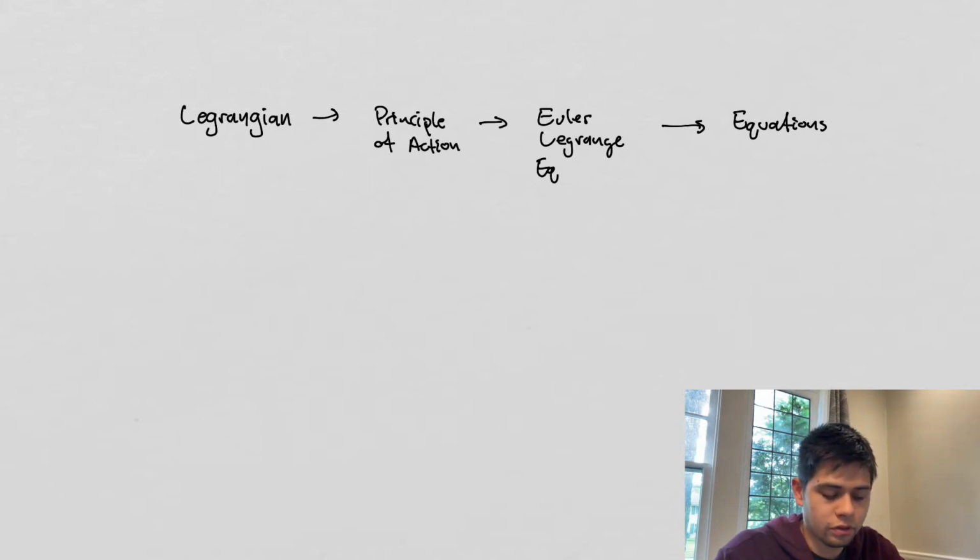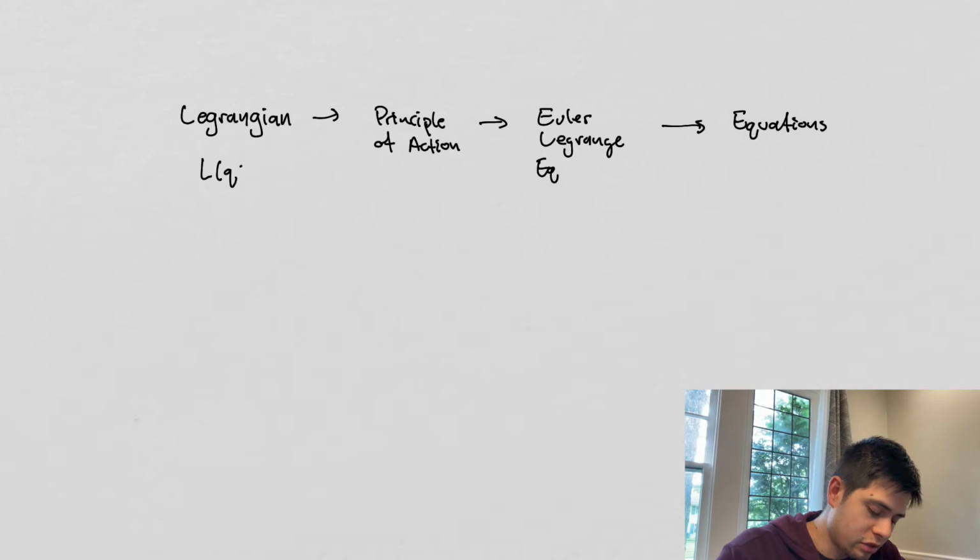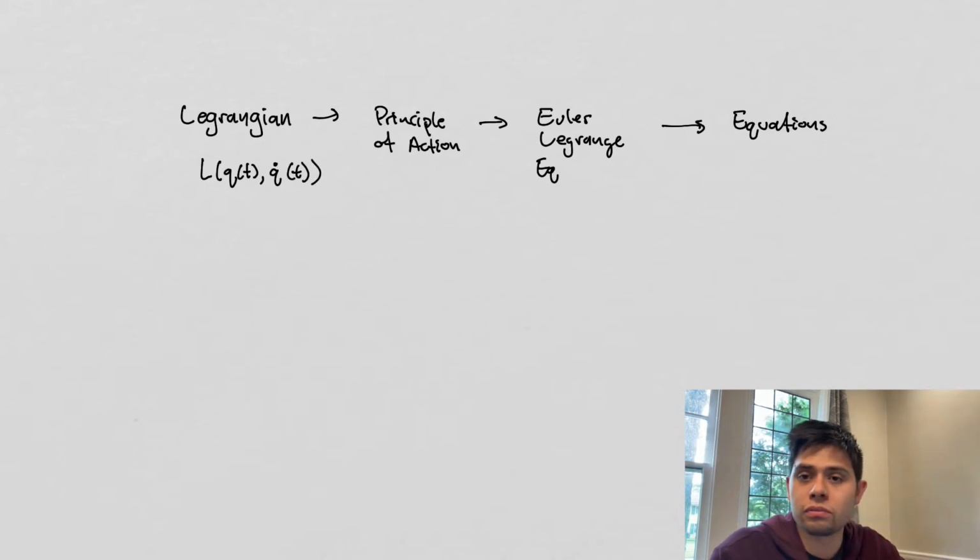Fundamentally, the Lagrangian was a function of the positions and the momenta, or the velocities, of all the independently moving parts within a system.